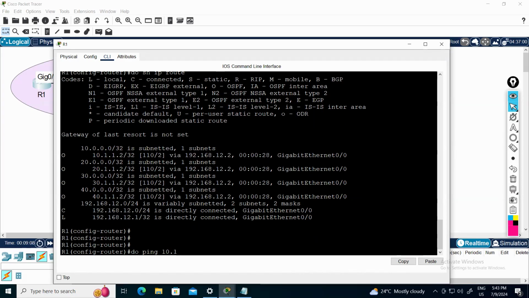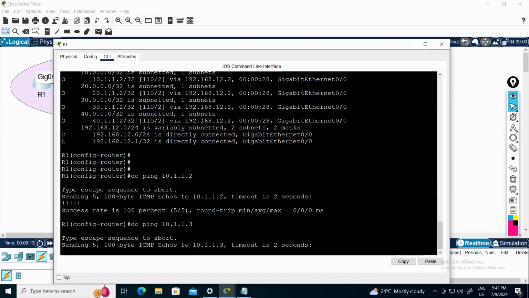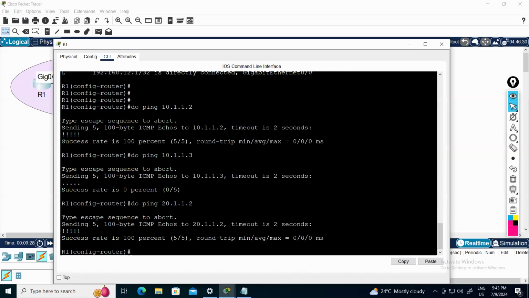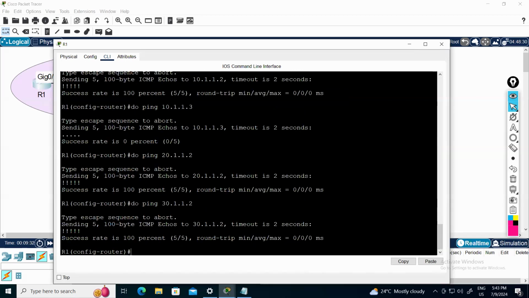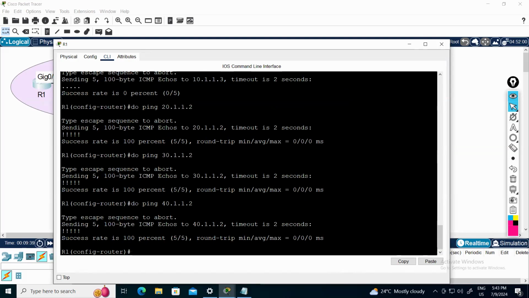Ping 10.1.1.2, we have communication. 21.1.2, we have communication. 31.1.2, and 41.1.2, we have the communication.